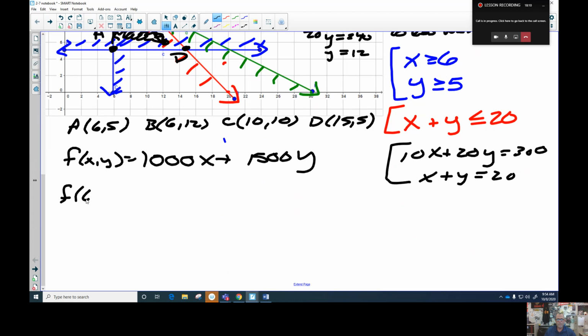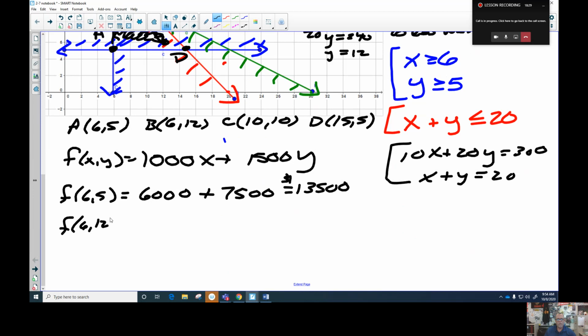So if I do f of 6, 5, that would be 6,000 plus 5 times 1,500, which is 7,500, I believe. And that would be 13,500. And that's in dollars. That's profit.